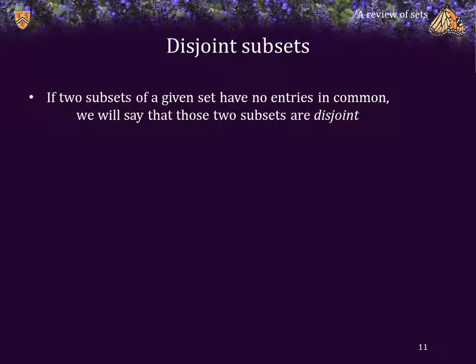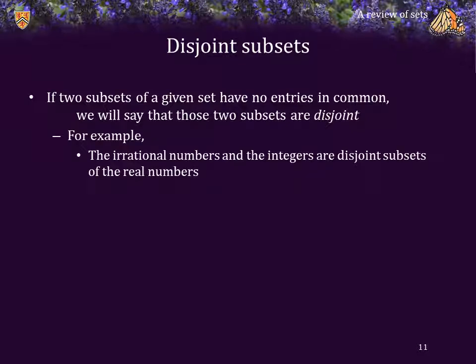Now, given a set, any two subsets that have no entries in common are said to be disjoint. So, for example, given the real numbers, the irrational numbers are a subset and the integers are a subset.